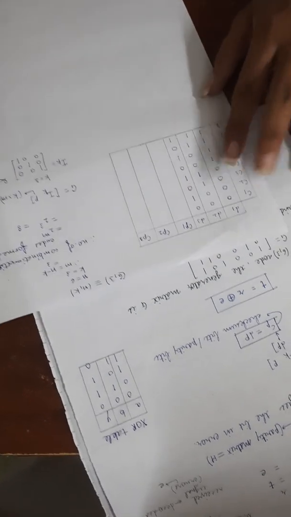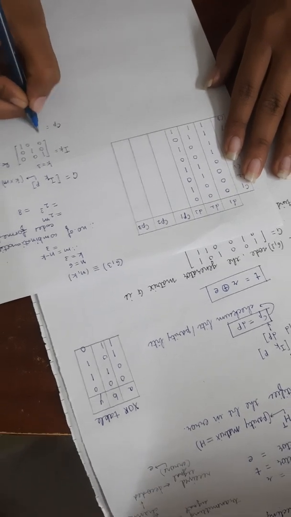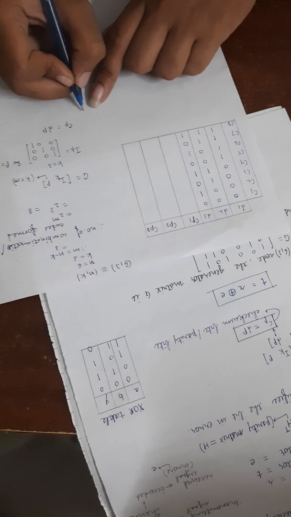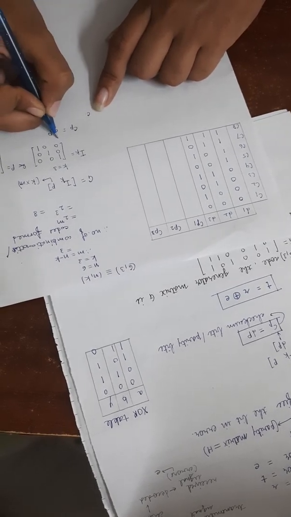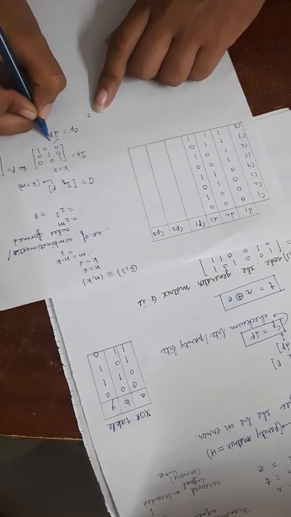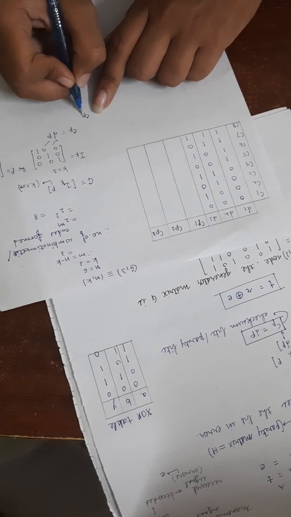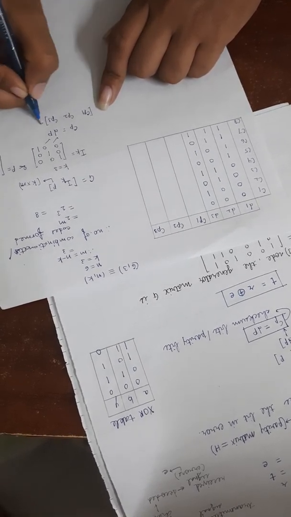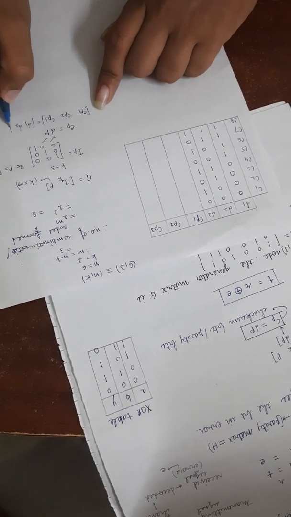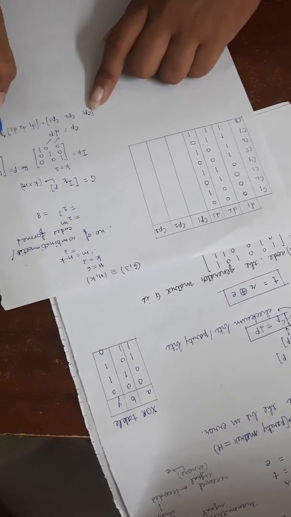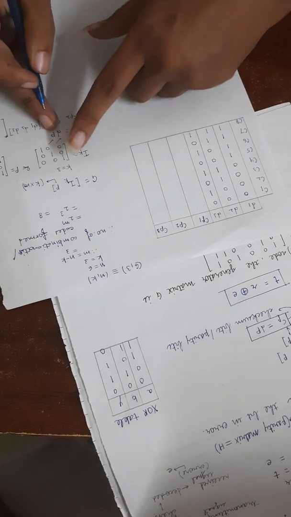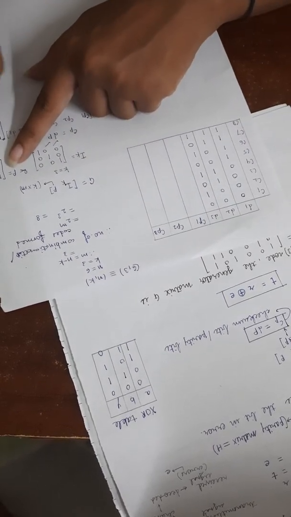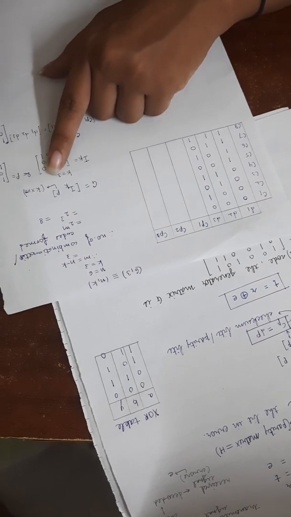As we know that CP is equal to DP, we have D and the P matrix. So we will get CP1, CP2, CP3 is equal to D1, D2, D3 into the parity matrix, which we found out here, 1 0 1, 0 1 1, 1 1 0.